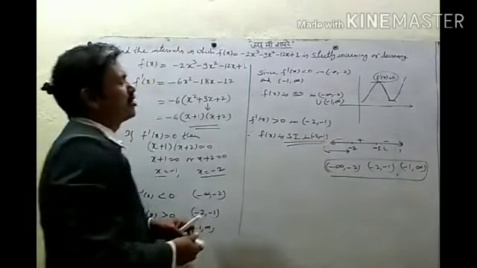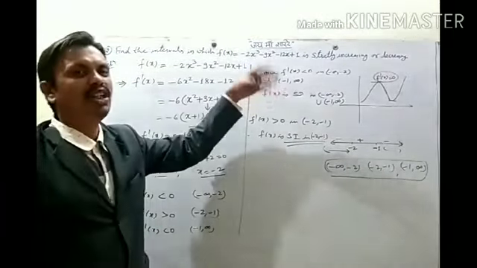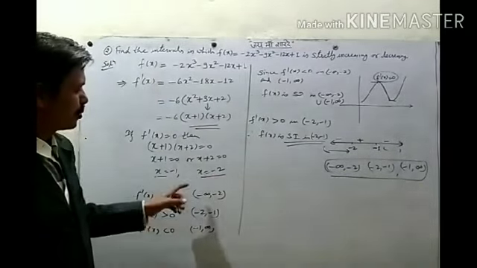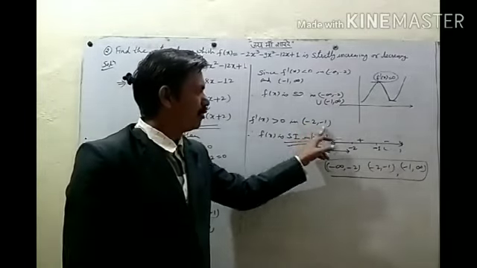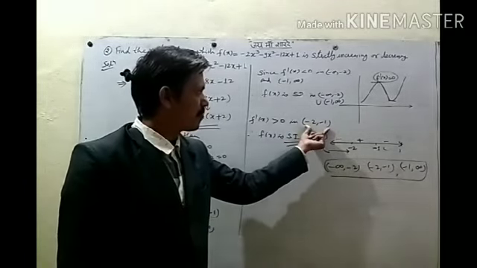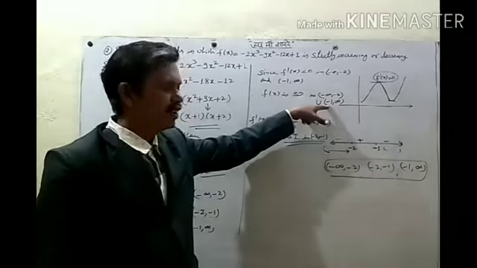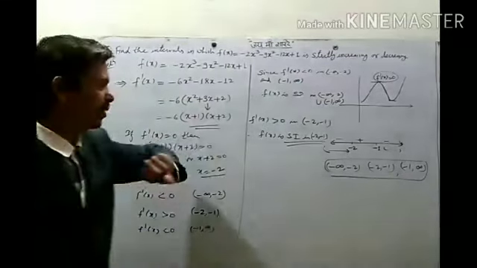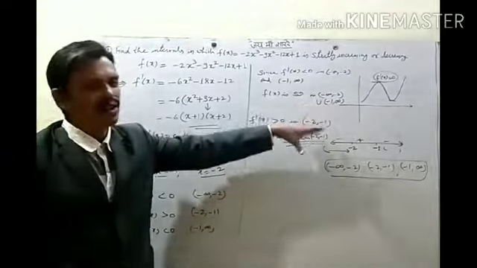Like this you can find the intervals where the function is strictly increasing or strictly decreasing, or only increasing or decreasing. In case of only increasing or decreasing, these end points can also be included, meaning the open interval becomes a closed interval. But in case of strictly increasing or strictly decreasing, we'll have open intervals.